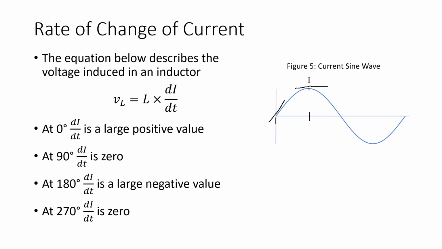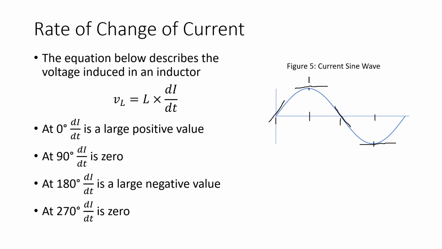At 180 degrees, the slope of this sine function is large in the negative direction. At 270 degrees, the slope of this function is again 0. At this point right here, current isn't changing.